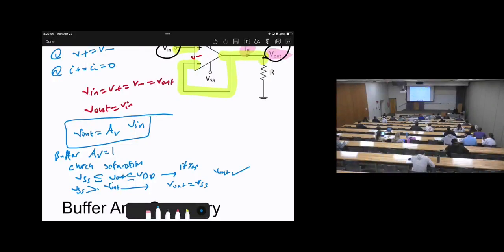Since I'm bounded in this room, the lowest point is the floor. I cannot go lower than the floor. If V out is larger than VDD in our analysis, then V out will be equal to VDD, the highest point, which is the ceiling. Even if my target is higher than the ceiling, I cannot go beyond that point.